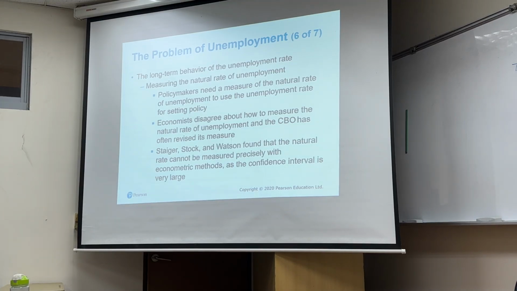Okay, I want to skip all these things because it is just too tedious. But let me read this to you. There are three authors, Stock, Watson, and Staiger, who found that the natural rate cannot be measured precisely with econometric methods, as the confidence interval is very large.